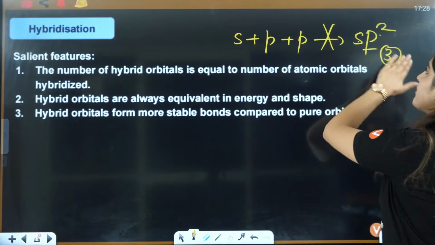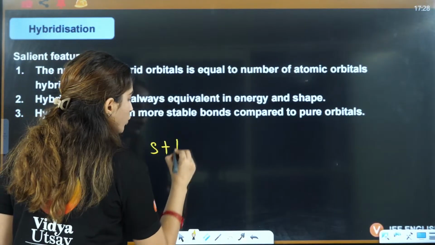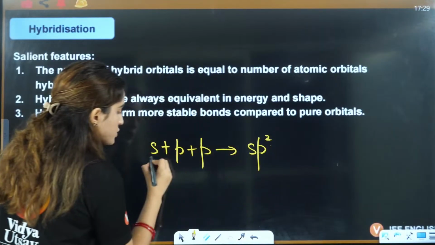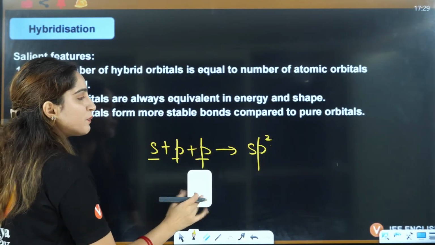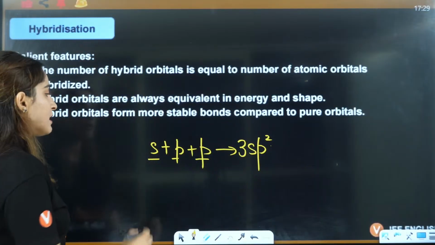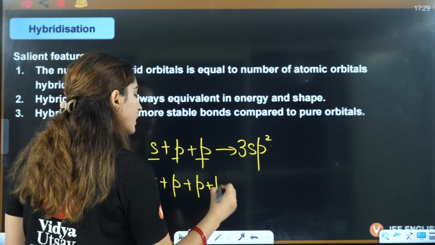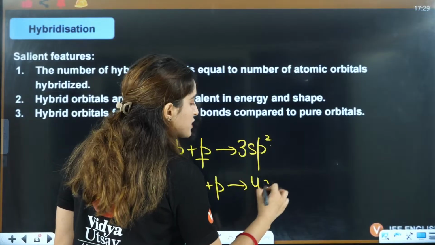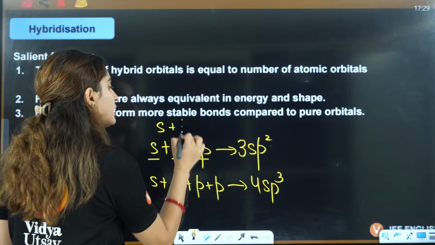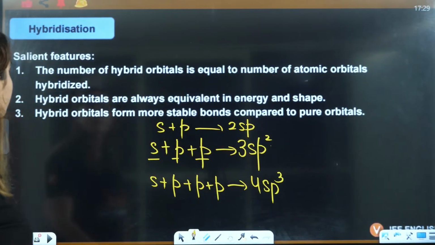So if I am mixing 1s and 2p, I will have sp2, and these sp2 orbitals will be 3. 3 sp2 orbitals I'll have, right? If I am mixing s plus p plus p plus p, then I'll have 4 sp3 orbitals, right? If I am mixing s and p, I will have 2 sp orbitals, right?